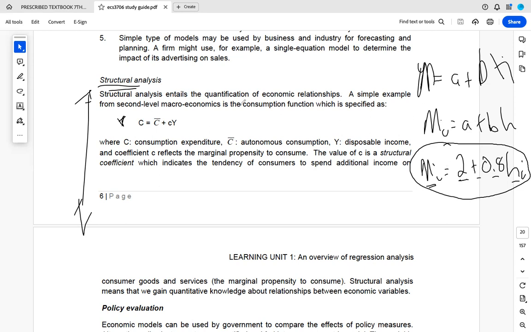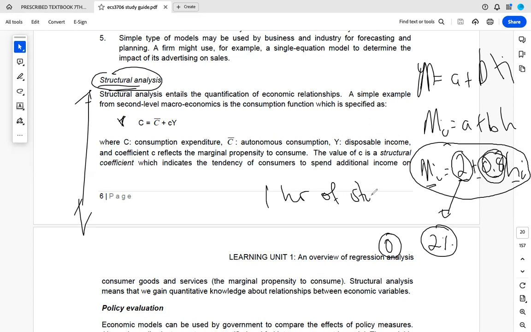So structural analysis means we can get information from these particular values. For example, this 2 is telling us if you don't study at all, the minimum mark you are anticipated to get is maybe 2%, or 2, right? And then this 0.8 is telling us for every 1 hour of study, your marks will go up by 0.8.